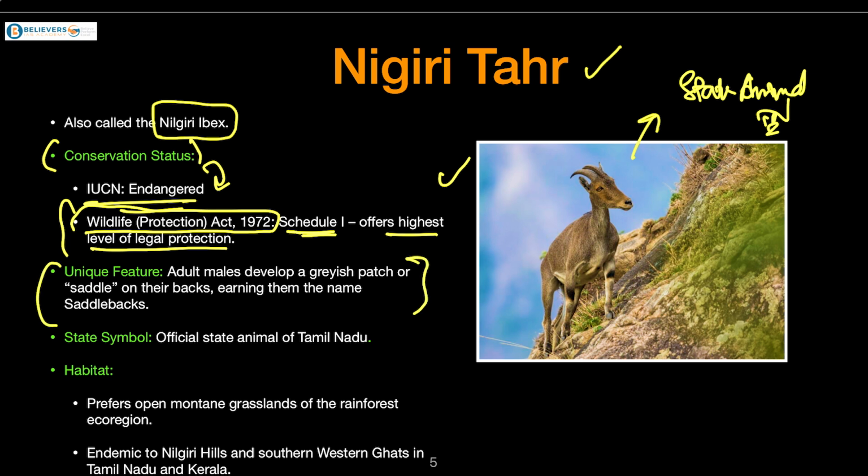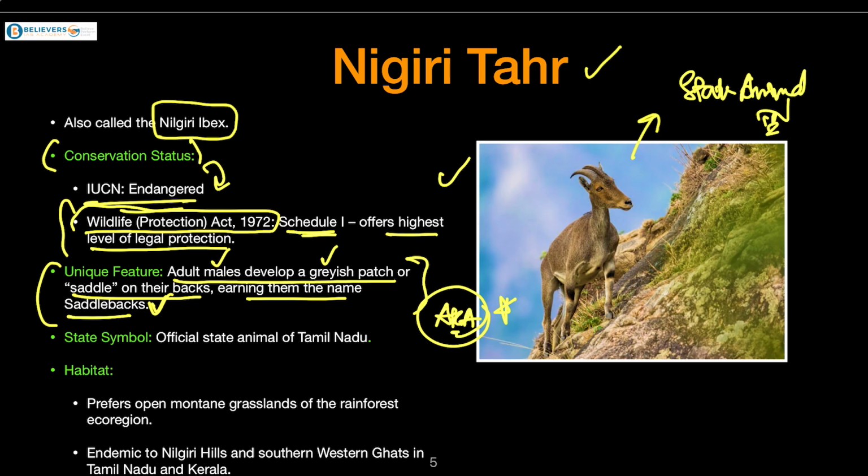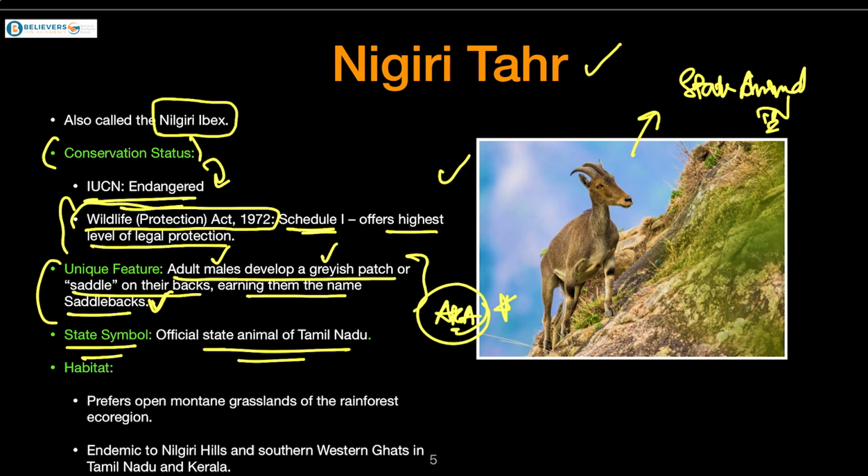What are the unique features of this species? The adult males develop a grayish patch or saddle on their backs, earning them the name saddlebacks. As we discussed, it is the state animal of Tamil Nadu.